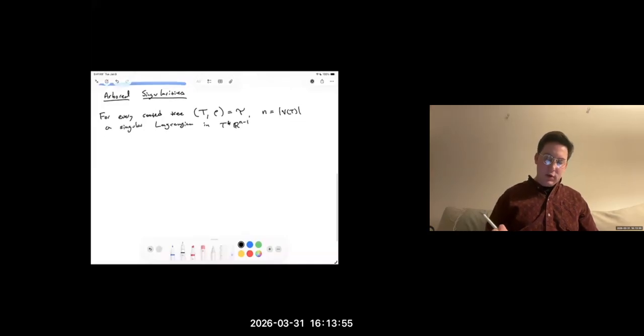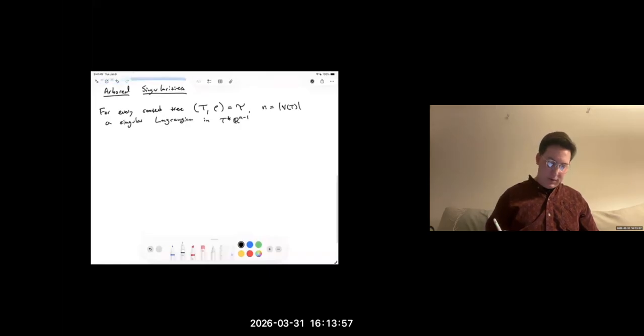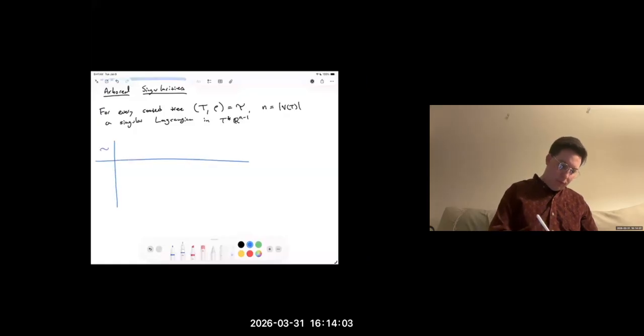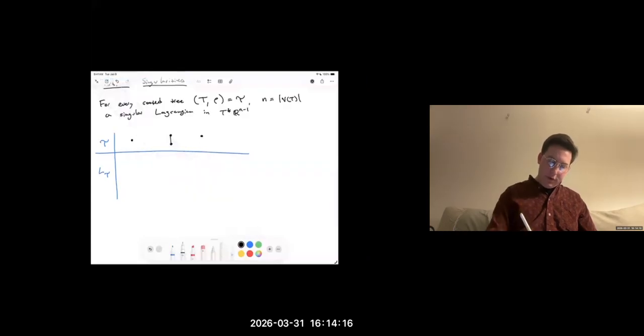Let me just list out the first few of them, just because they're interesting to see. Here will be the rooted tree, and here will be the singular Lagrangian. Here are the first few rooted trees: just a dot, here's another one, and there are two rooted trees that have three vertices.